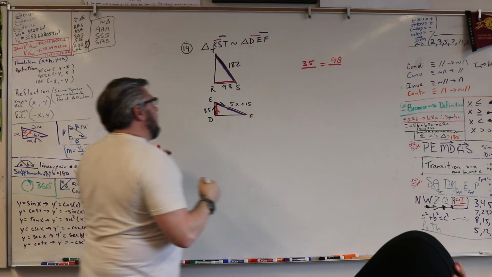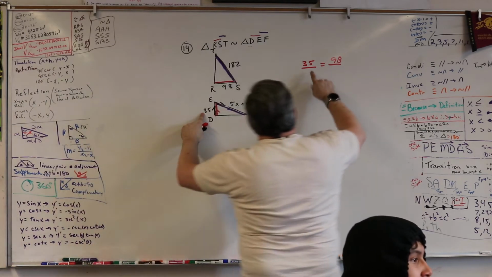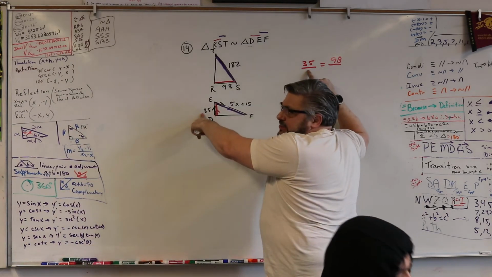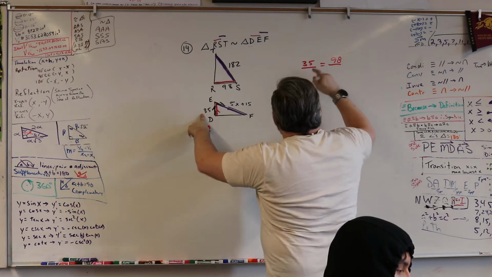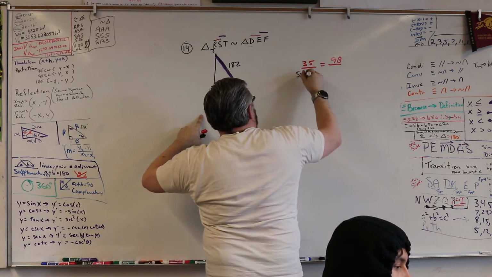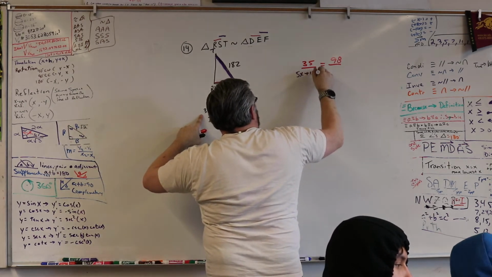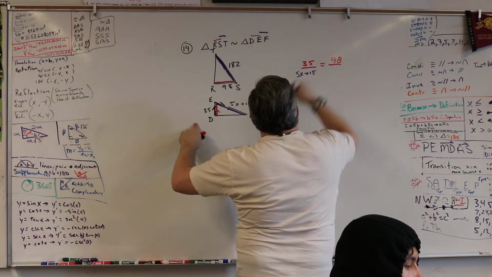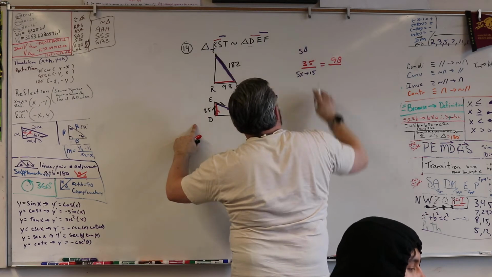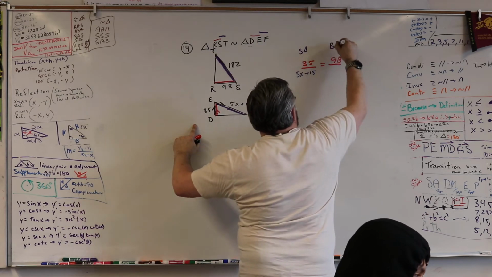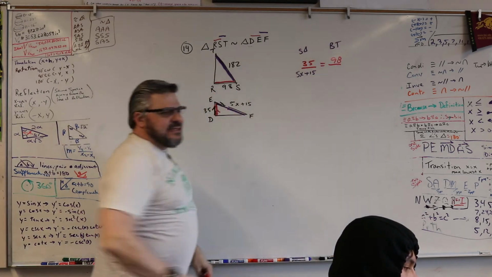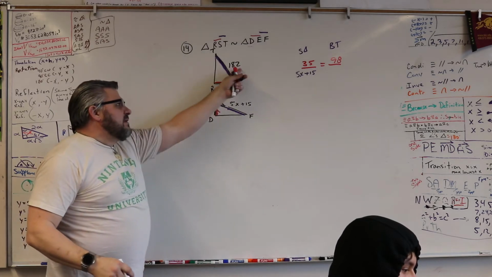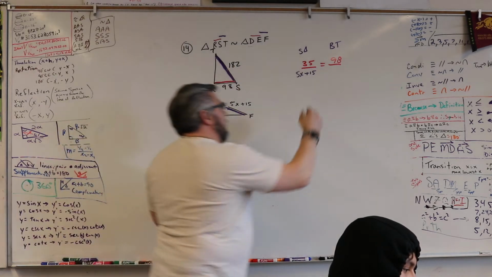And that means then 35 is the small guy, the small triangle. So on this side we're going to put the 5x plus 15, because that's the small triangle, this little guy. The big triangle, that's on that side. And that's going to be 98 to 182.